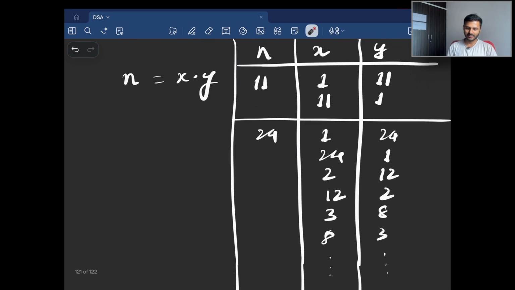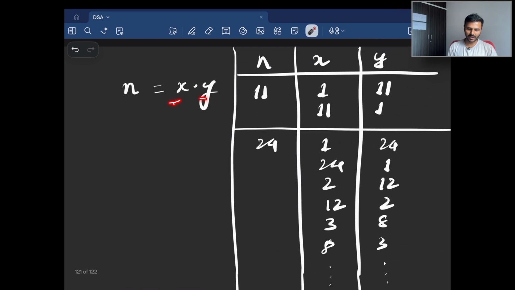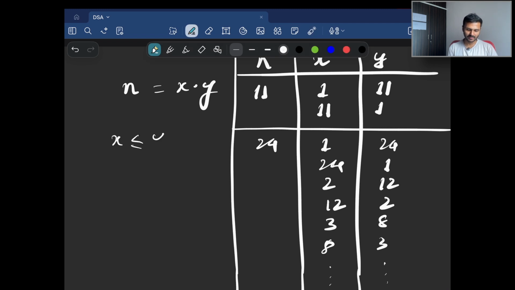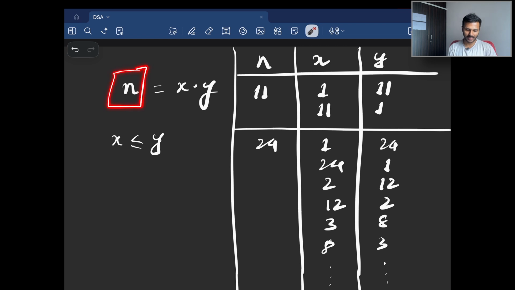So can we say that among x and y, one of them will be smaller than the other one or will be equal to the other one? We can, right? And that is why we can generalize this and write this as x less than equal to y, correct? Now, x and y just represents the two integers which when multiplied together will give us n.